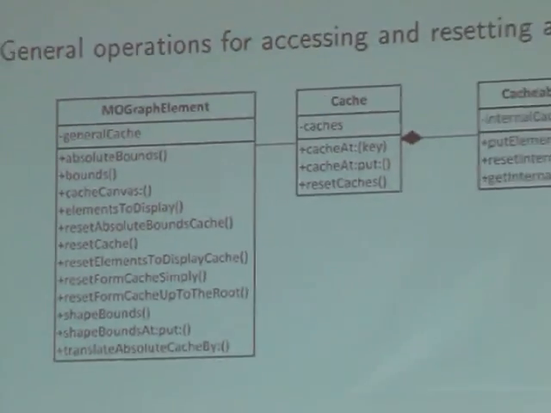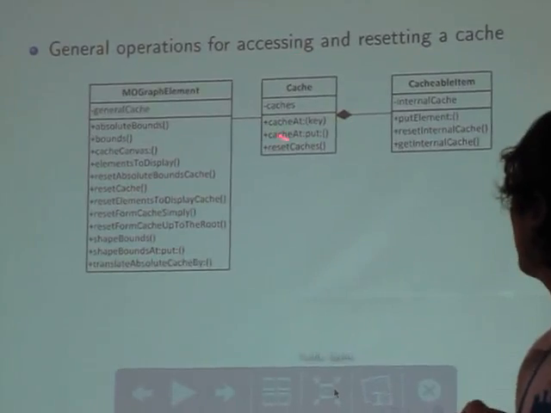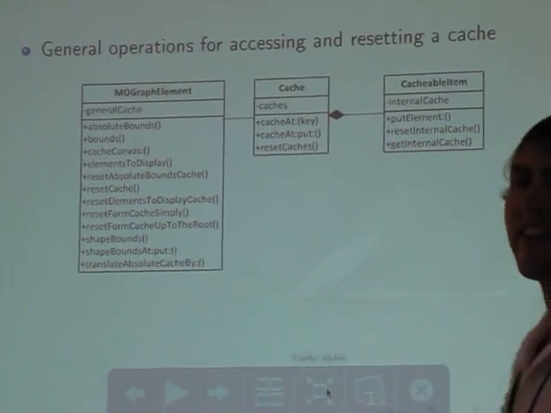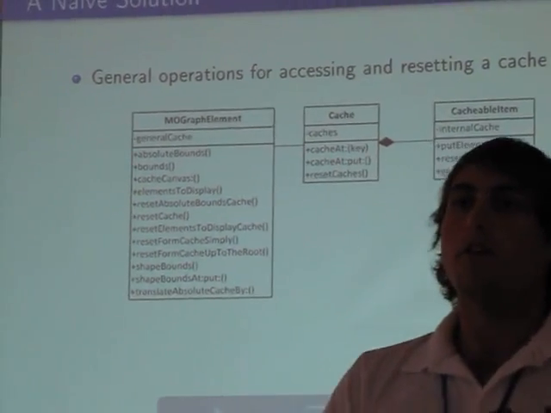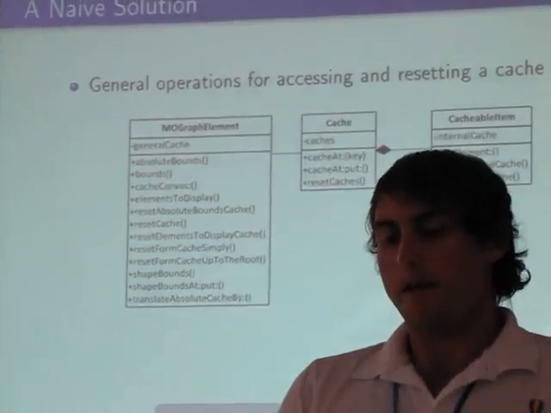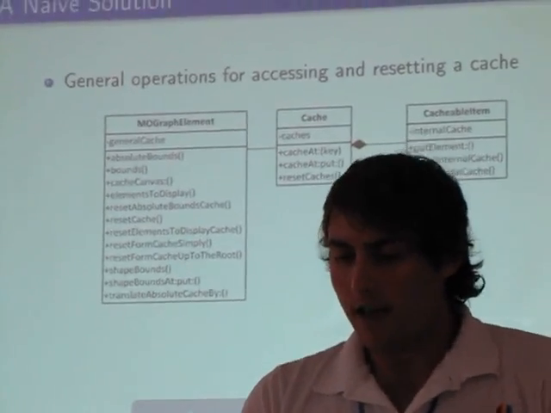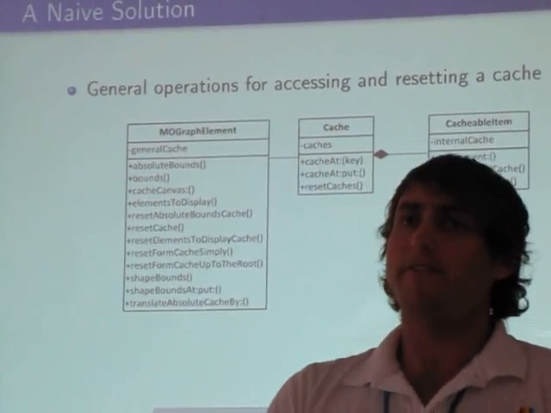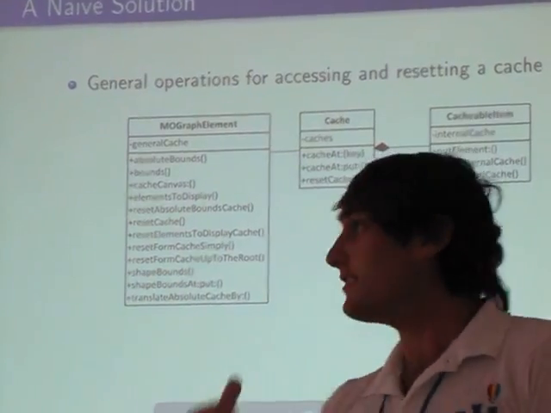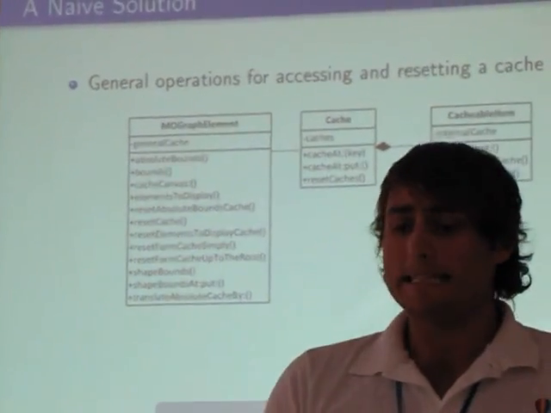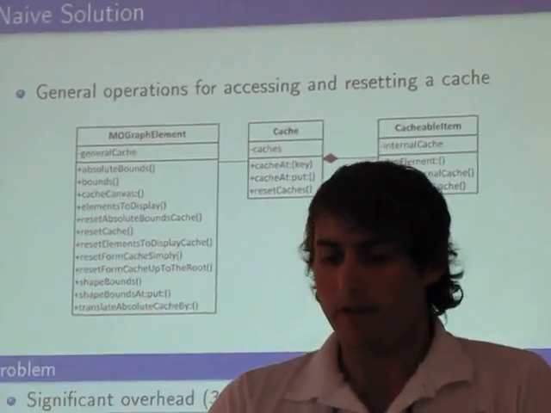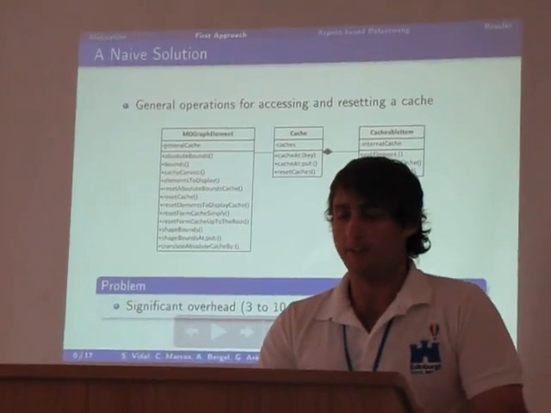So we try to create a class, in this case a kind of cache manager, so you can put things in the cache and then get them. But the problem with this kind of approach using delegation is that it's really elegant, but it's too slow. In fact, really too slow for a visualization engine.